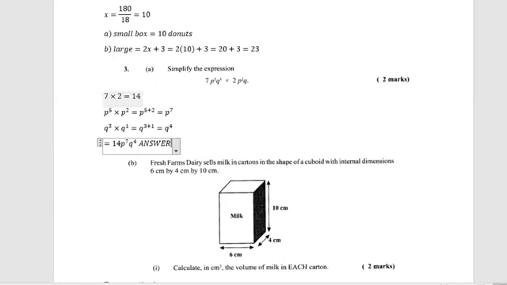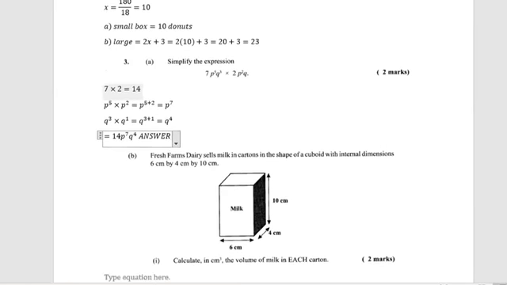So we just looked at the law of indices under multiplying powers. If we're, however, dividing bases or powers which have the same base, it's the opposite, which is basically subtracting the powers.